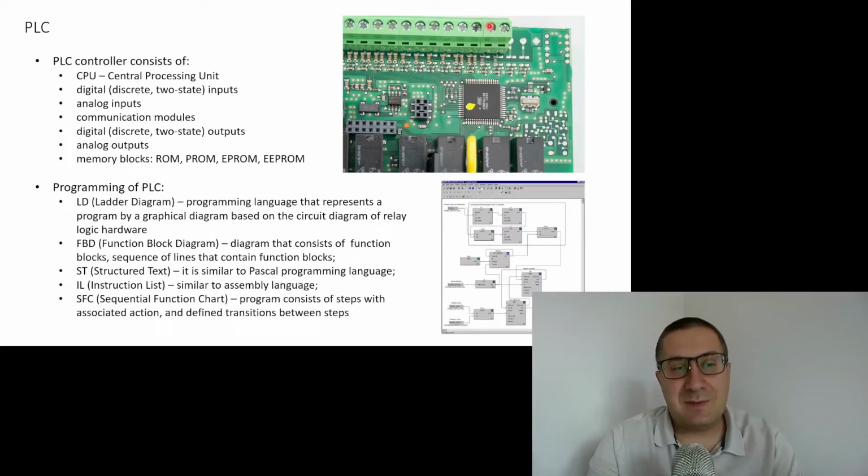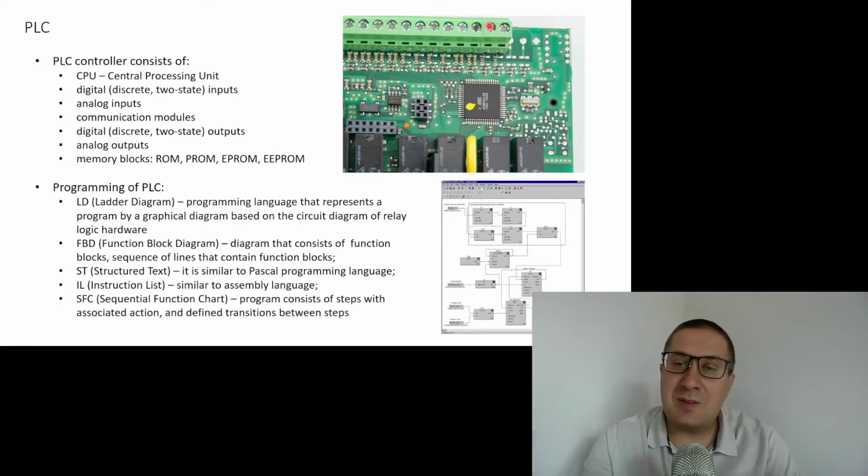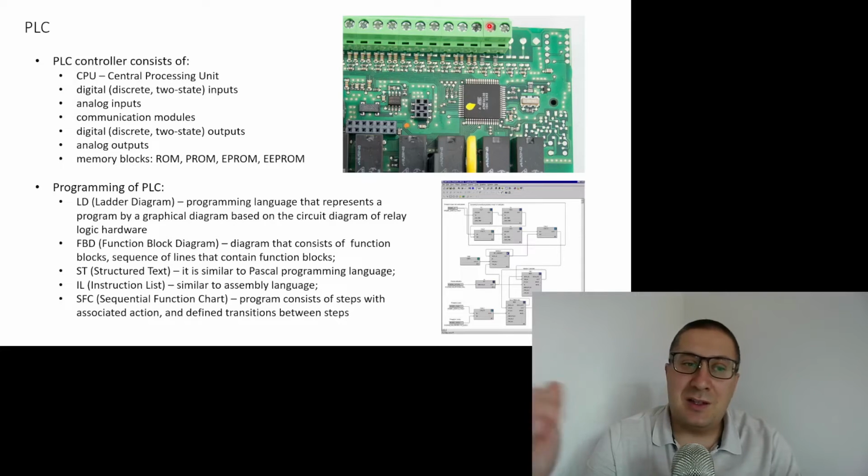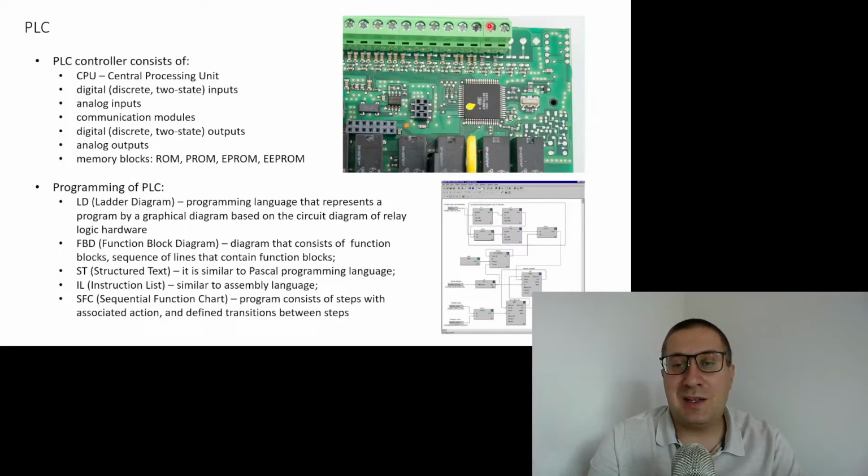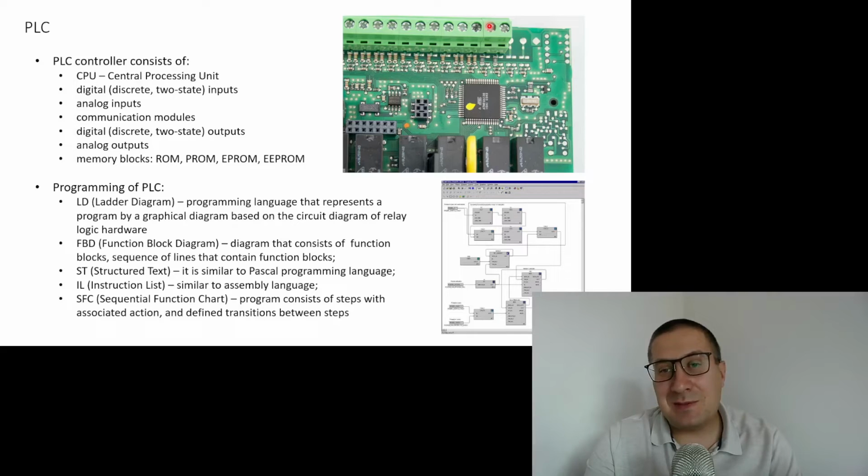We can have different types of these pins, digital and analog, inputs and outputs. So the difference is like between VGA and HDMI cables, right?